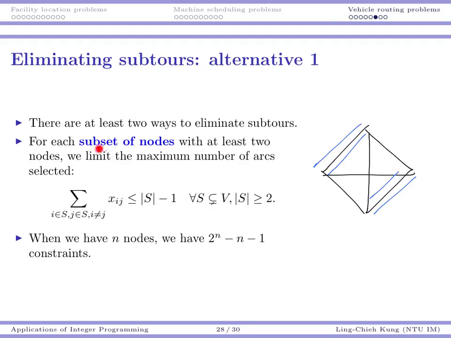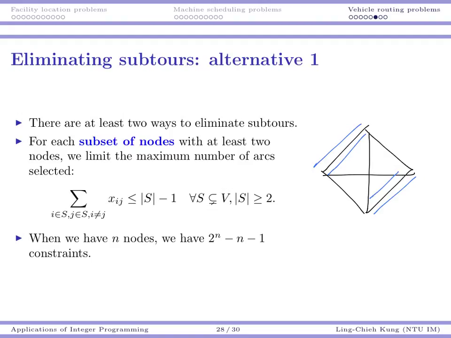For each subset of nodes with at least two nodes, we limit the maximum number of arcs that can be selected. Let S be a subset of nodes, and this notation means it's a proper subset, so S is not the whole set.